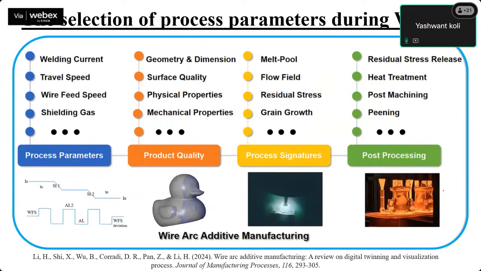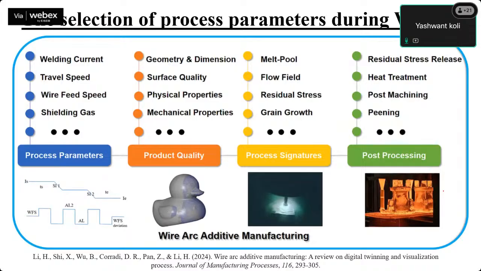So this is the selection of process parameters during WAM. Process parameters like welding current, speed, wire speed, and shielding gases are the ones you can take. Then product quality covers geometry and dimensions, surface quality, physical properties, and mechanical properties.